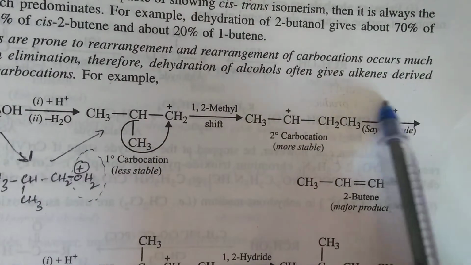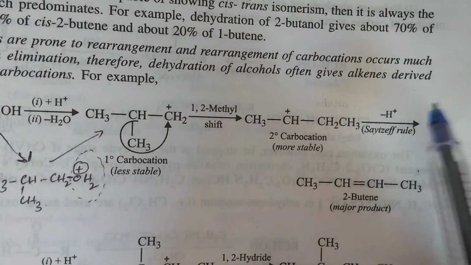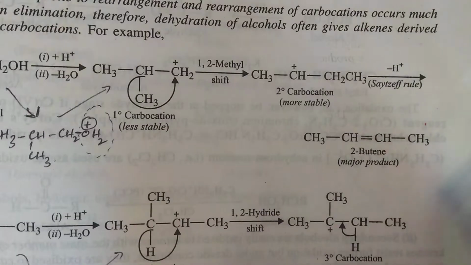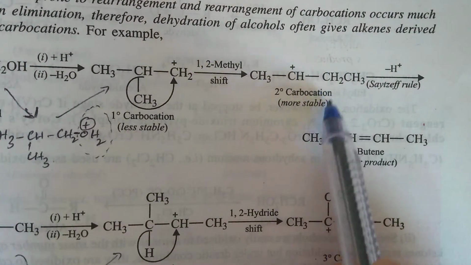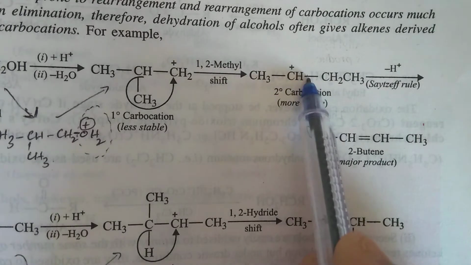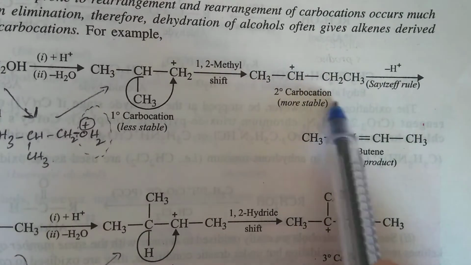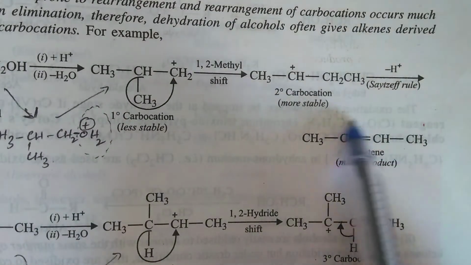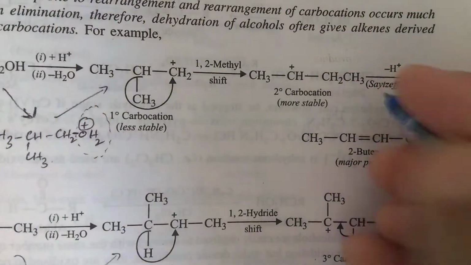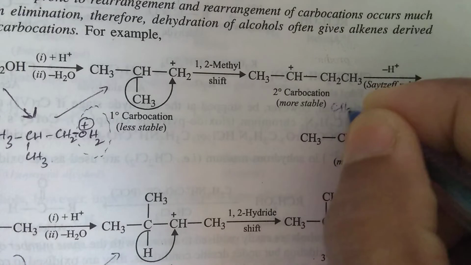Then what will happen? Proton will be released. Now how is the proton going to be released? One CH bond from this CH2 will become a double bond here, and the hydrogen there will leave as H+. So you will get but-2-ene. So basically what is going to happen here?